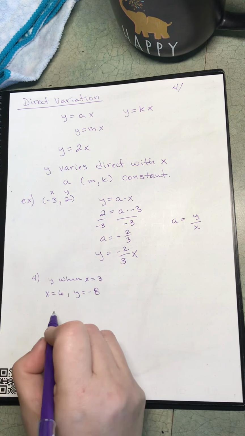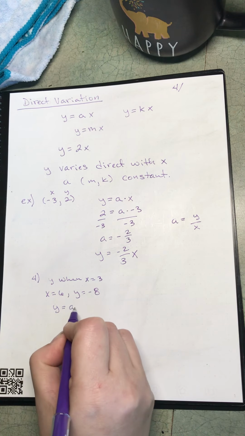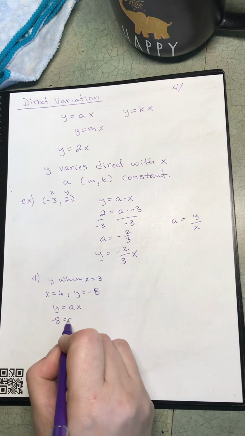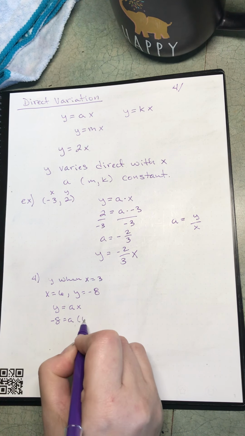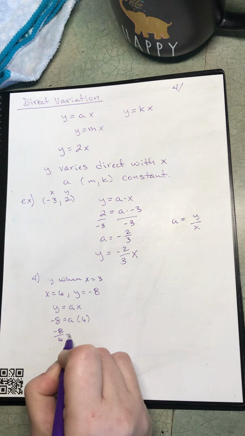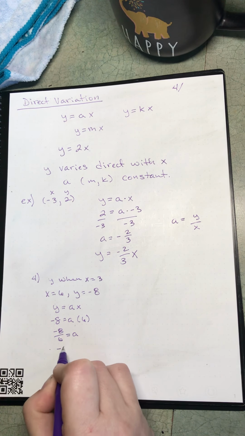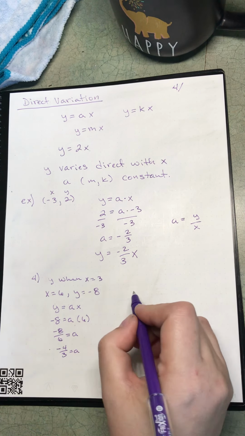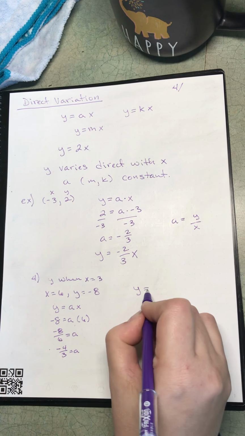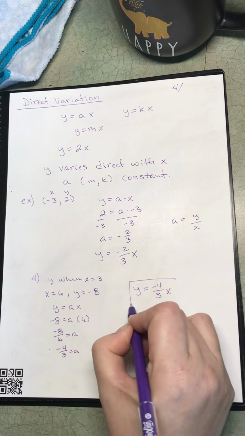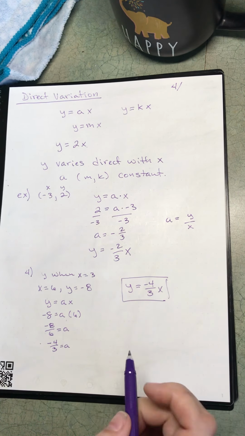So again, we're going to use our equation y equals ax. -8 equals a times 6. So -8/6 equals a. So -4/3 equals a. Now I'm going to write my equation. Y equals -4/3 x. There's part 1.